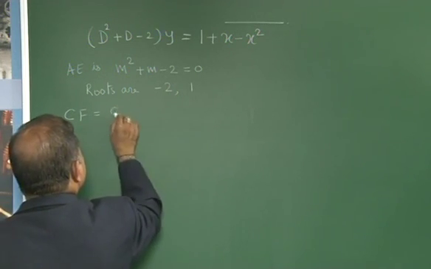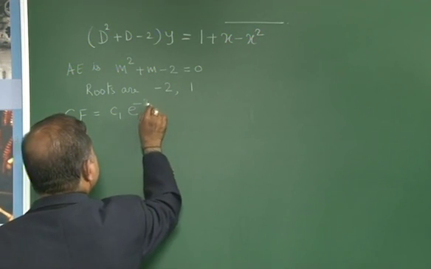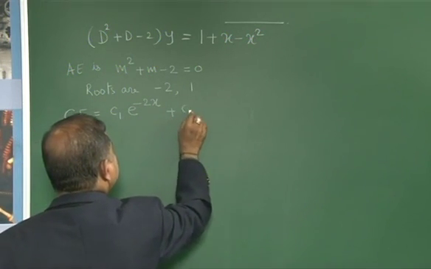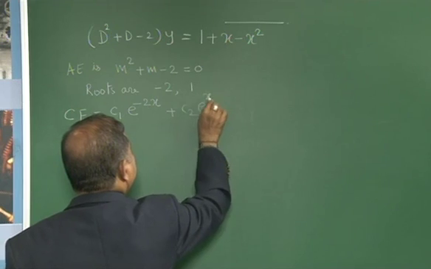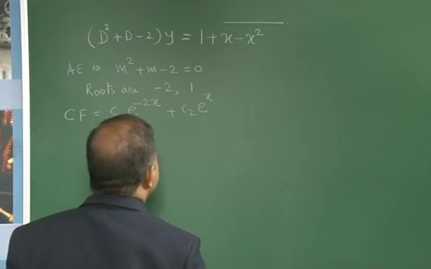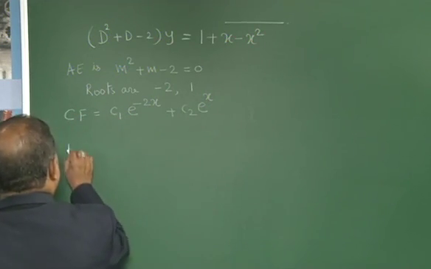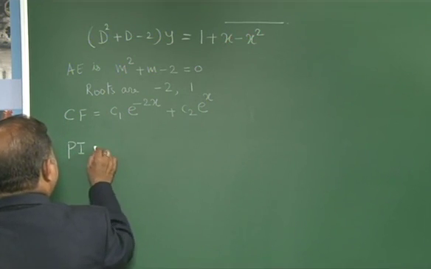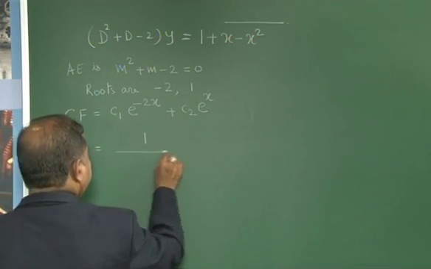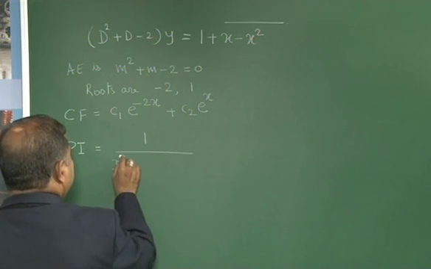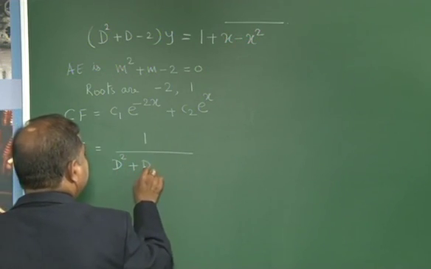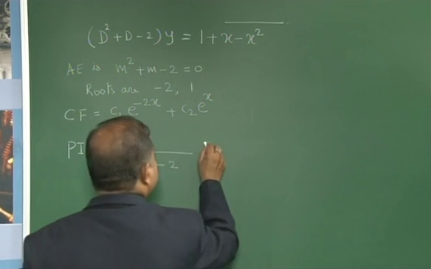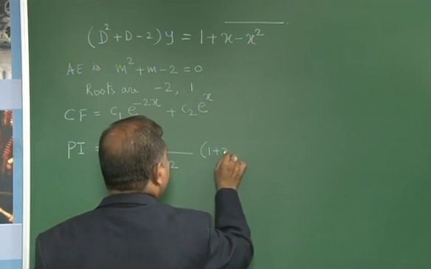Different roots: C1 e power minus 2x plus C2 e power x. This is as usual, we know. Now what is the particular integral? 1 by d square plus d minus 2, on the complete polynomial.